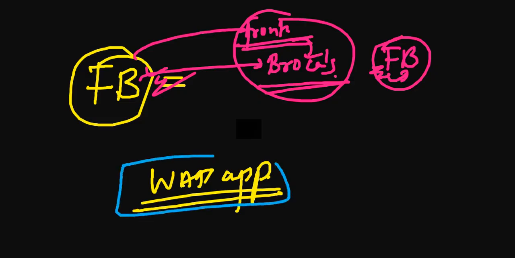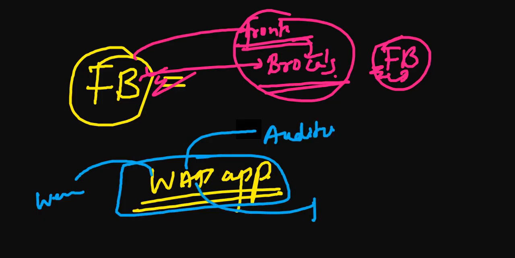Now why WhatsApp? Because W stands for Wernicke's area, A stands for the auditory cortex, and T stands for the temporal lobe. Where is the frontal lobe? Right above your eyes. Where is the temporal lobe? Beside your ears. Where is the parietal lobe? Right above your head.